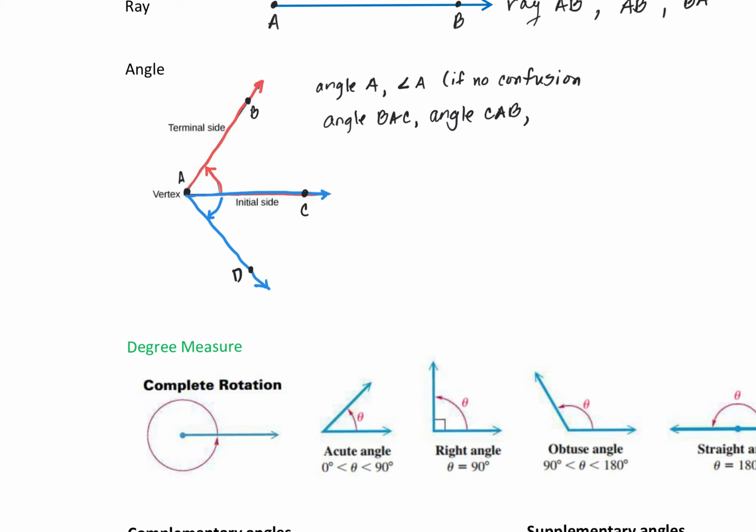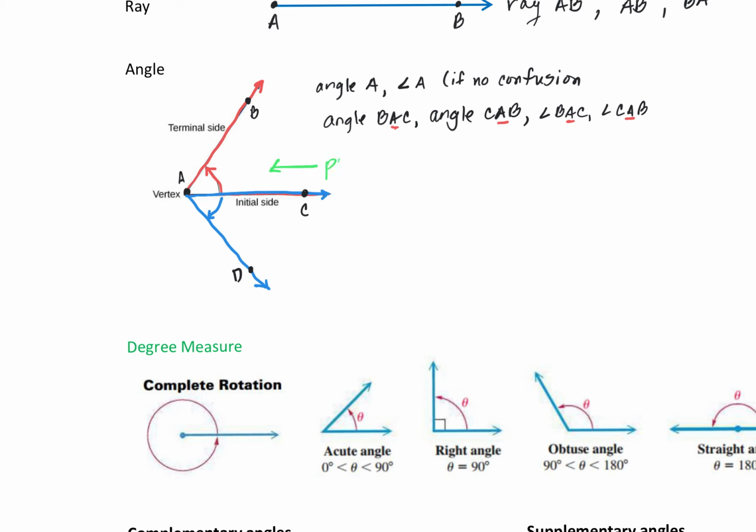I could use the angle symbol, angle BAC, or angle CAB. The key here is that the vertex has to be the middle letter. Now in this particular angle, angle BAC, we're going up and around.